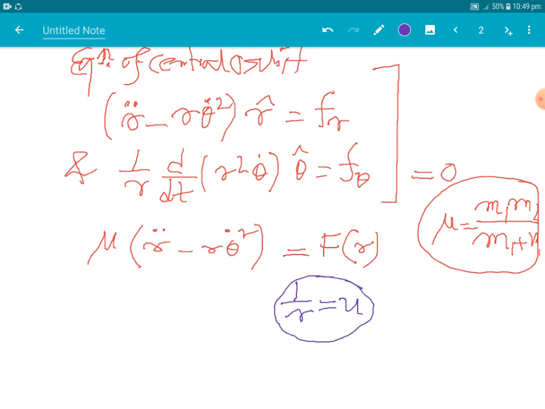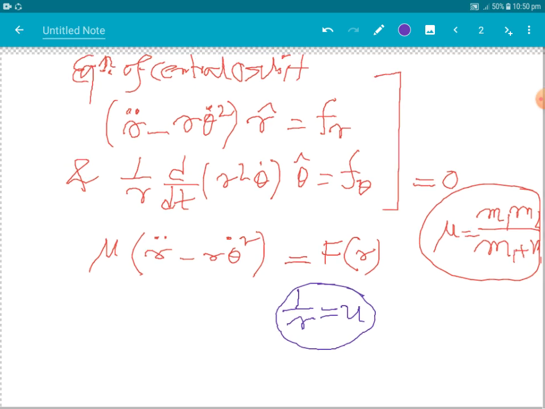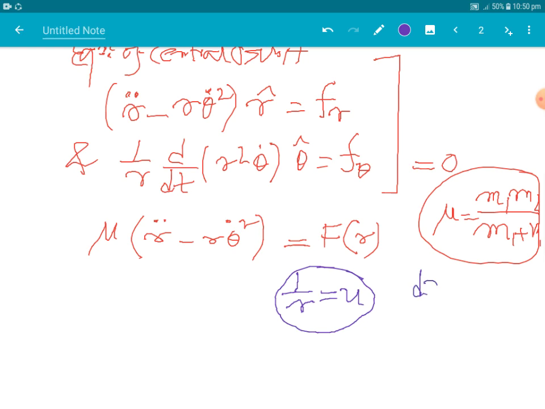This we have to know to solve the central force problem. If 1 by r equals u, then dr by du, the derivative of r with respect to u, becomes minus 1 by u square.